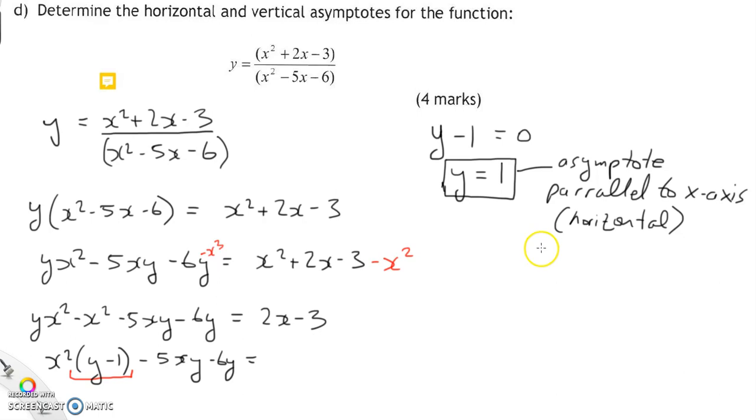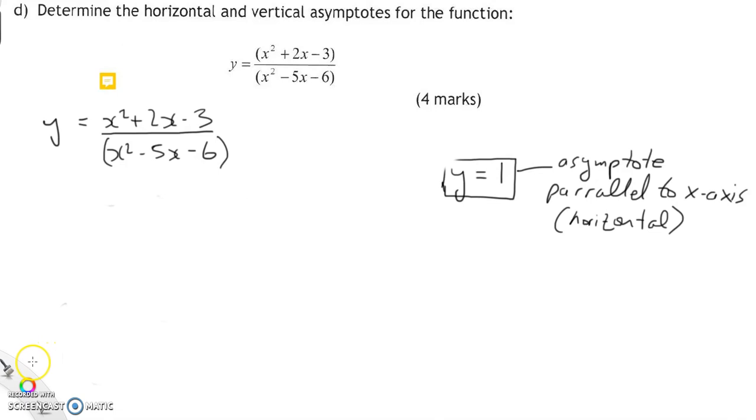Right, so what did we do? We got the coefficient of the highest power of x. So for the vertical asymptote, we're going to get the coefficient of the highest power of y and equate that to 0. So asymptotes parallel to the y-axis, that's vertical asymptotes, are found by equating the coefficient of the highest power of y to 0.